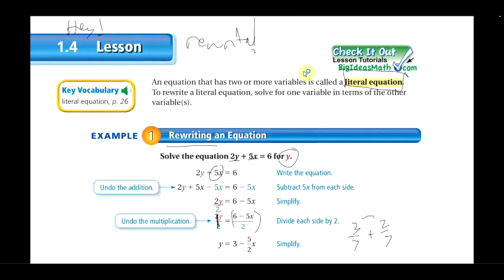So it would look like 3 plus 2 all over 7. All we're doing in this process is going backwards from this. So what they did is they split up 6 minus 5x over 2 to 6 over 2 minus 5x over 2. And that simplified. 6 divided by 2 is 3, as you see here. And 5 over 2 is its own fraction with x on the outside.